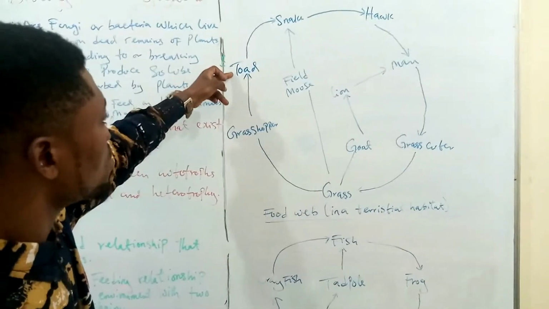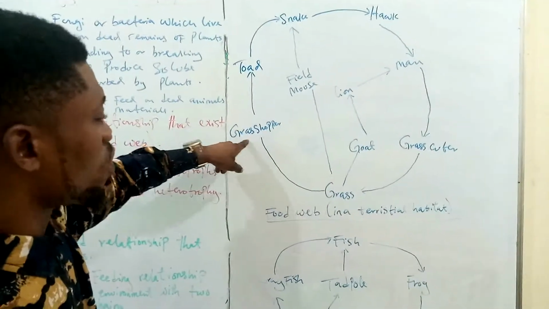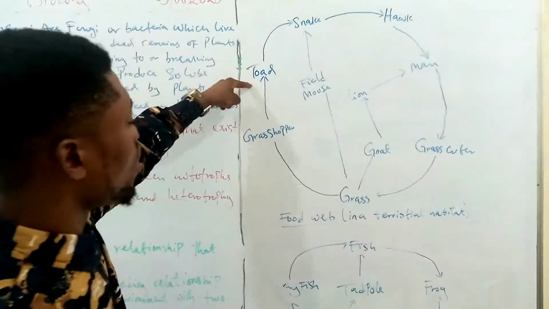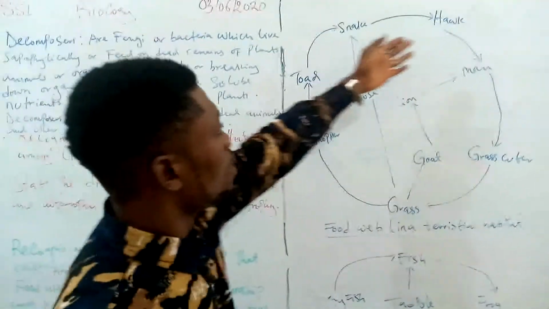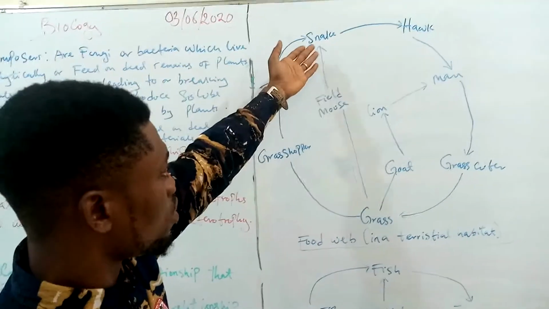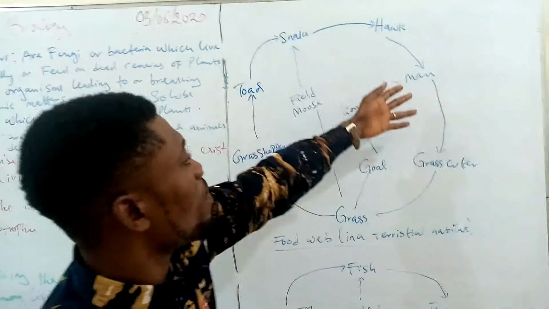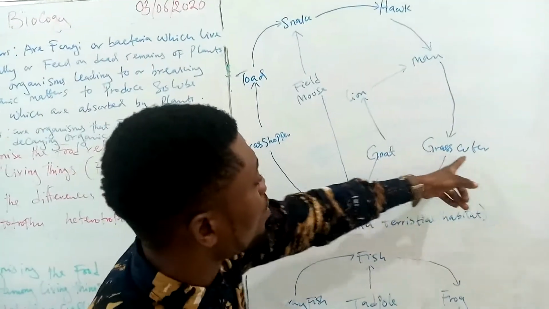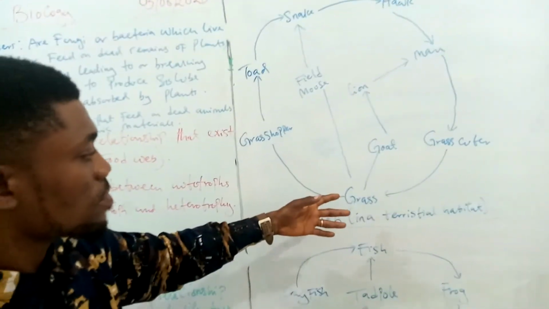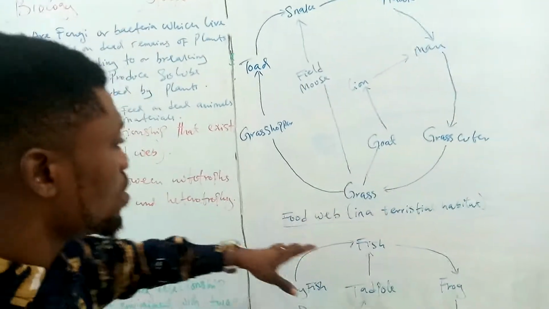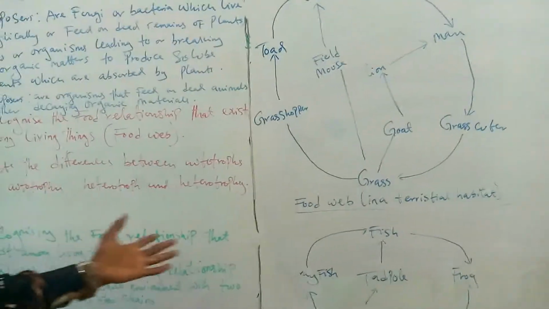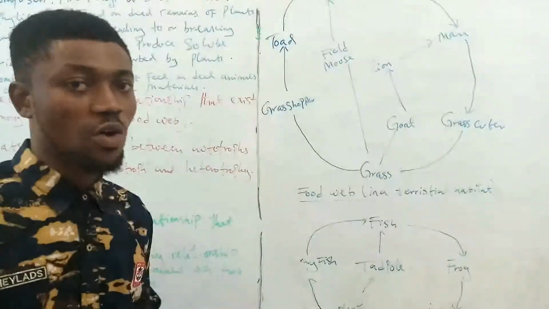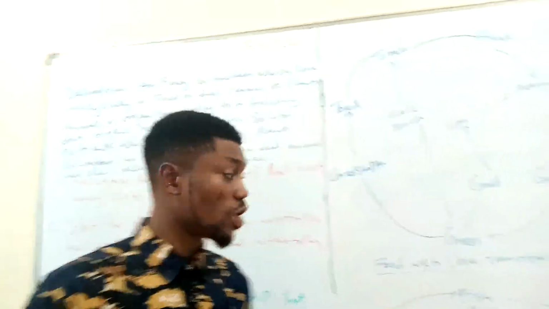And then toads feed on grasshoppers. Snakes feed on toads. A hawk feeds on a snake. A man can feed on lion, goats, and grasscutter. So this is a food web showing the relationship that exists among autotrophs and heterotrophs.